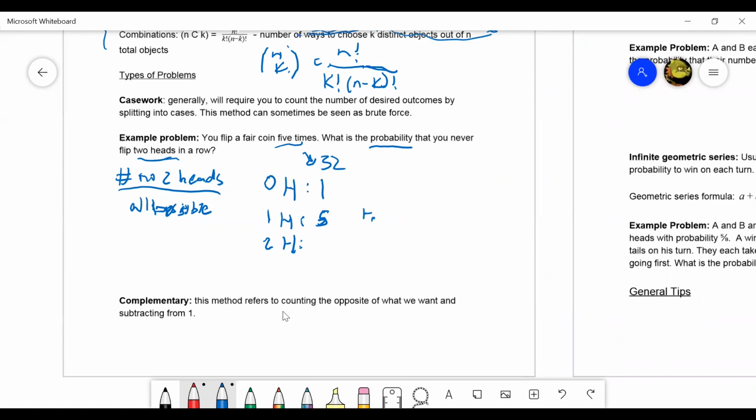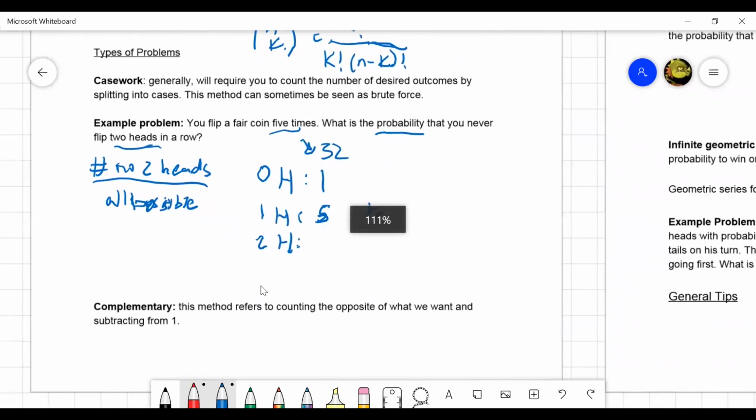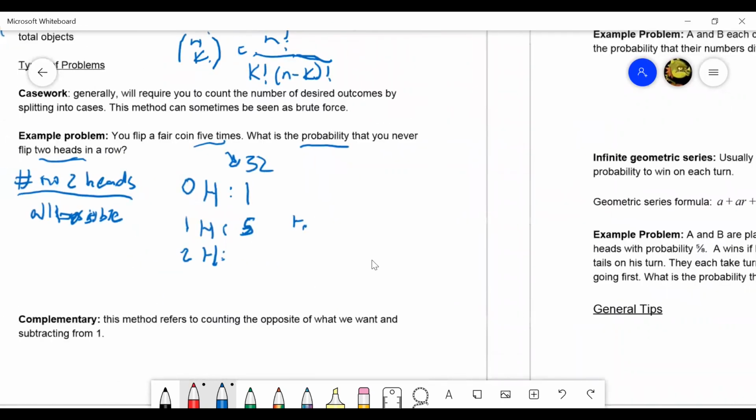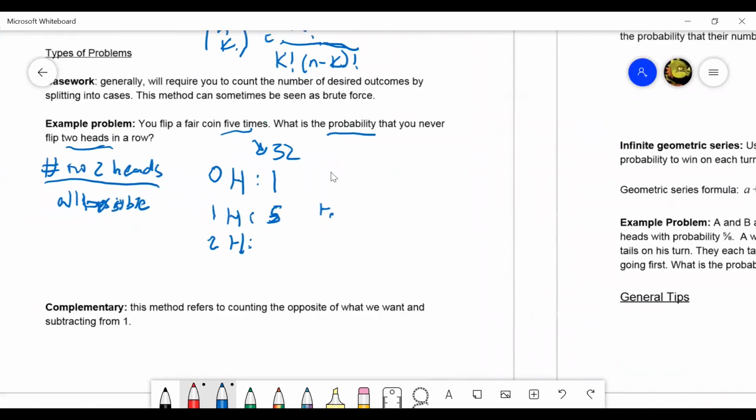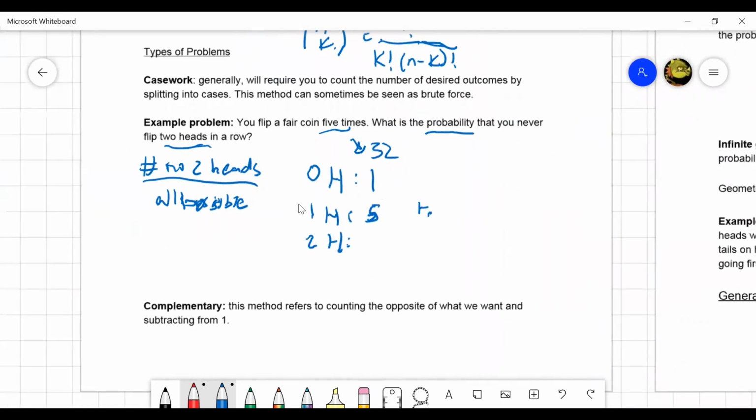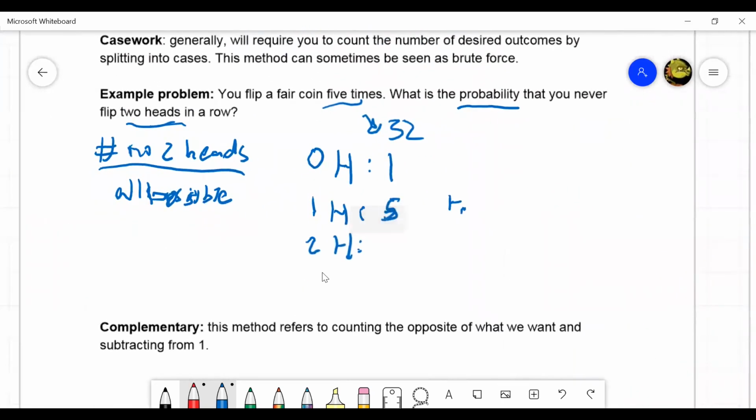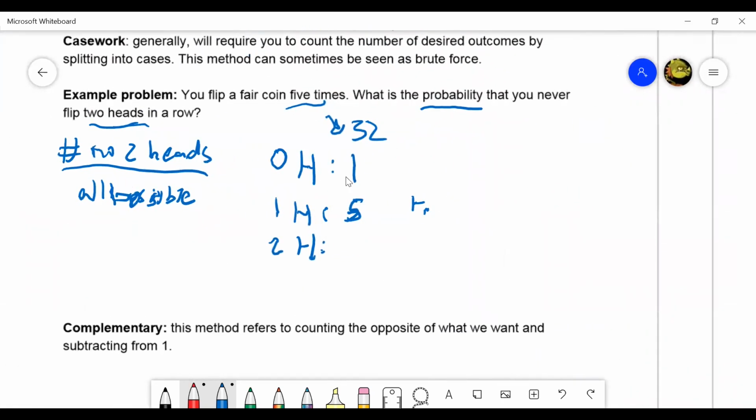Actually, no, I'm not going to do that. I think I'm better off doing that in the next section. I can just show you how you can brute force this.